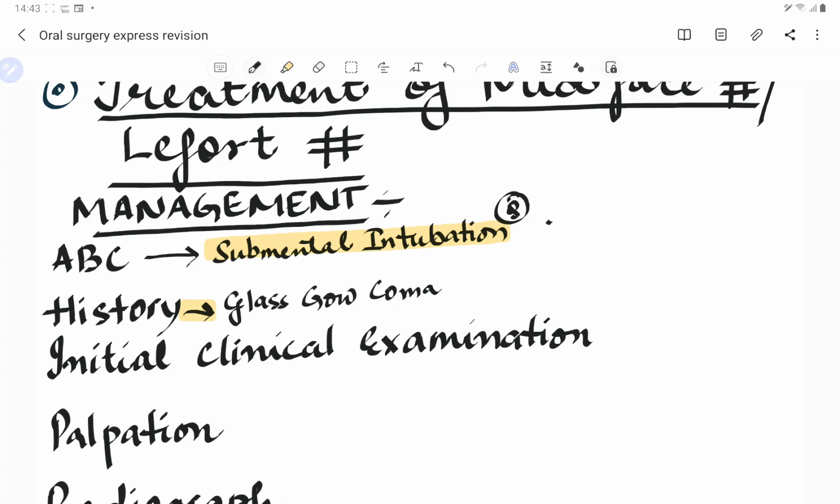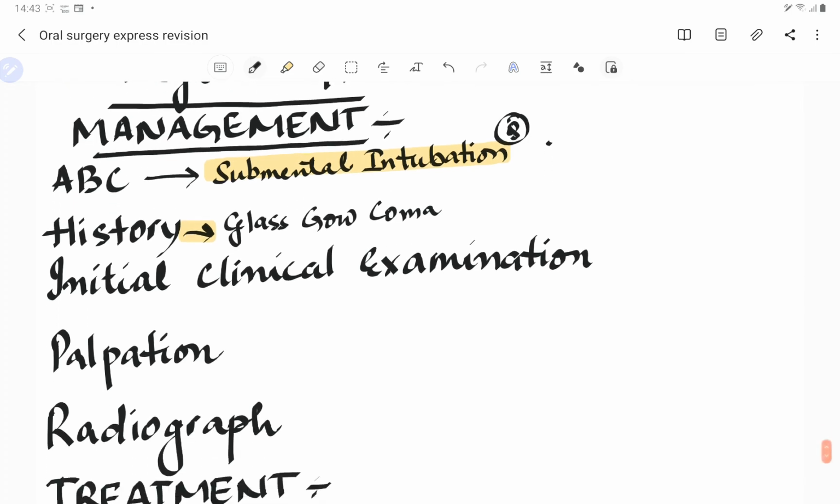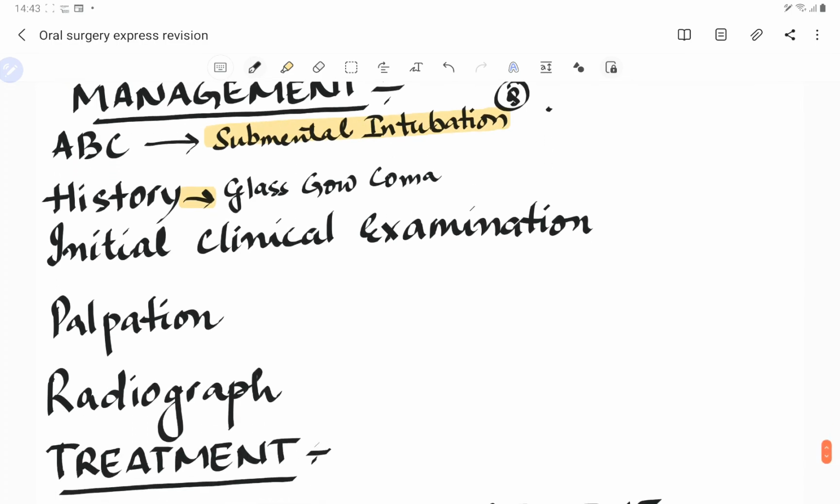Then we start with the initial clinical examination, and then we palpate and check for any other evidence of fracture. If a fracture of the mid-face is associated with any other fracture, that also we check. Then radiology is very important. It plays a very important role in precise diagnosis of a fracture, especially CT scan.